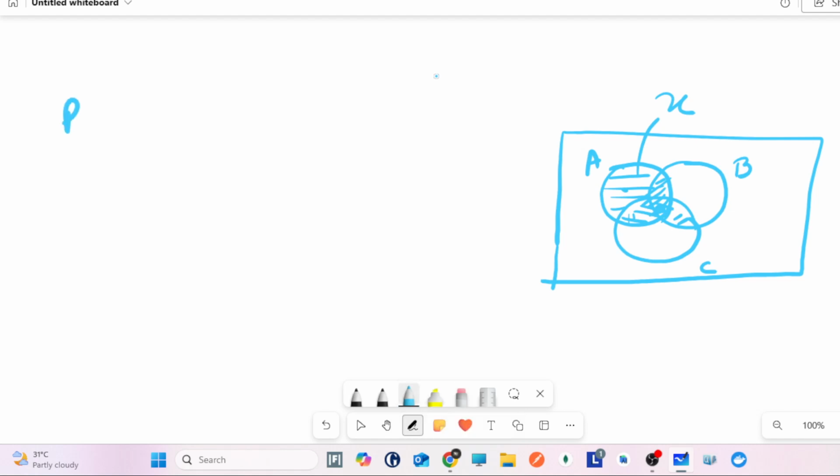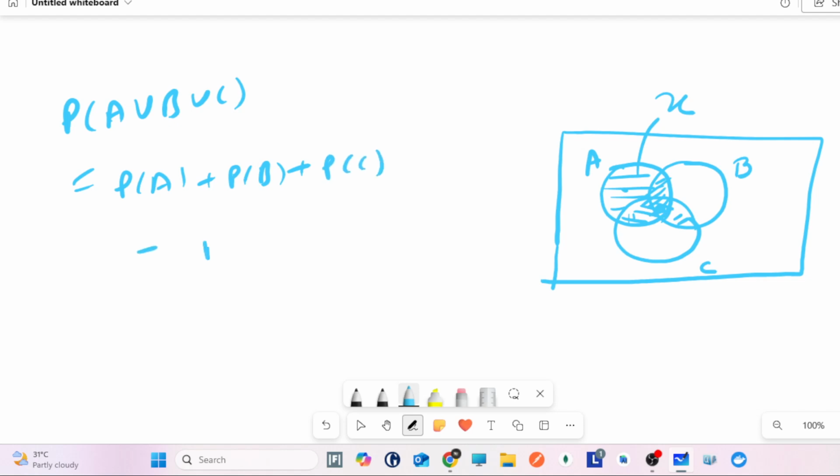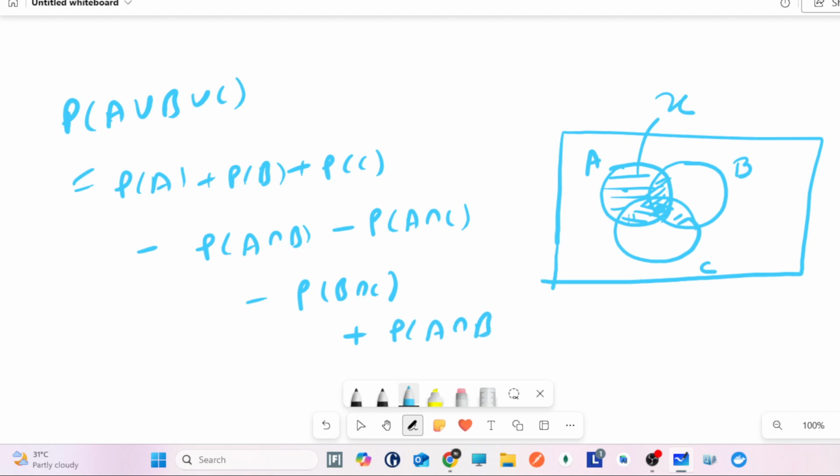P(A union B union C), the probability of A union B union C, is equal to probability of A plus probability of B plus probability of C, minus the extra portion of A intersection B, minus the extra portion of A intersection C, minus the extra portion of B intersection C, and finally adding P(A intersection B intersection C), this middle part. Right, so this is the whole formula for three sample spaces.